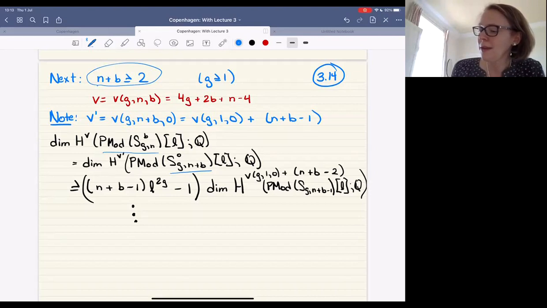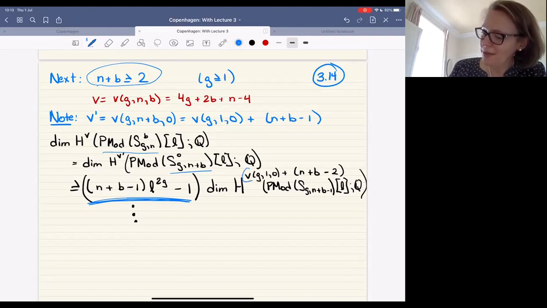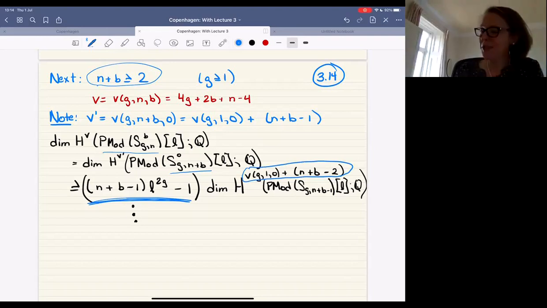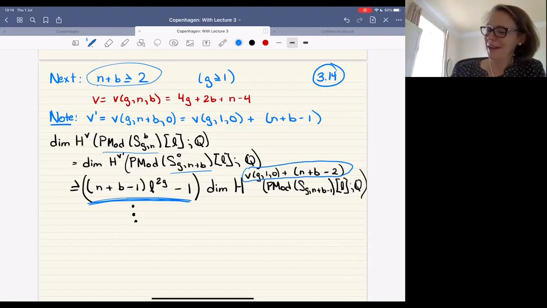So I can shift one down here, and I'm going to pick up this factor in the front. The cost of doing that is shifting the dimension down by 1.